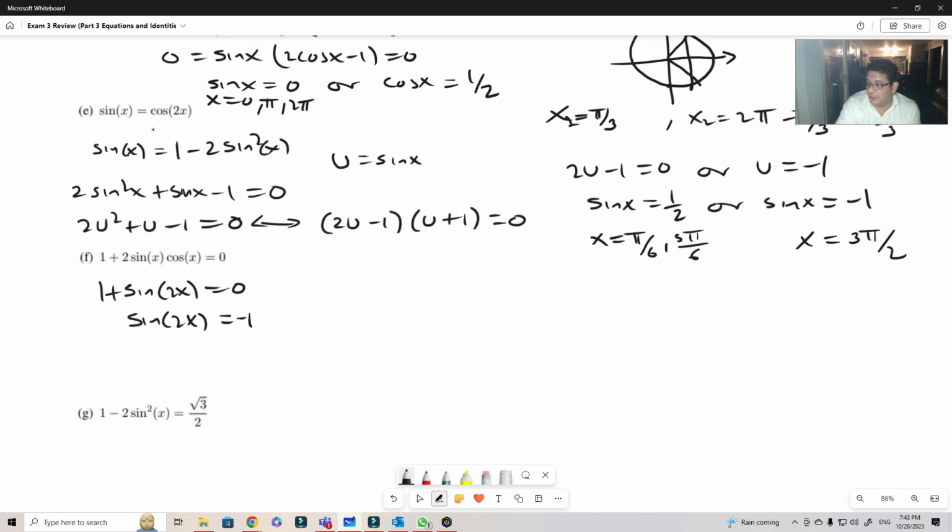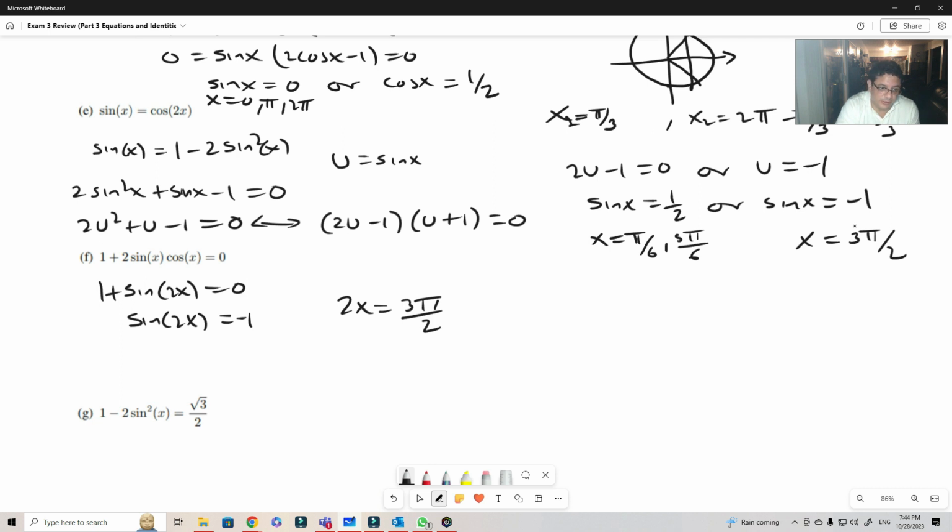And so because we just saw what happened with sine of x when sine of x is minus 1, this means that 2x has to be 3 pi over 2.